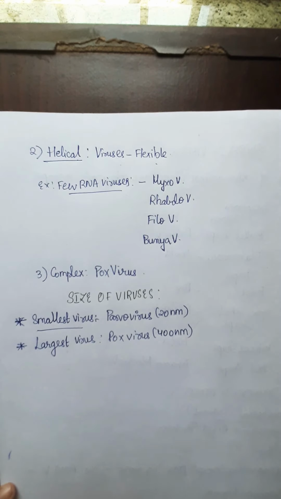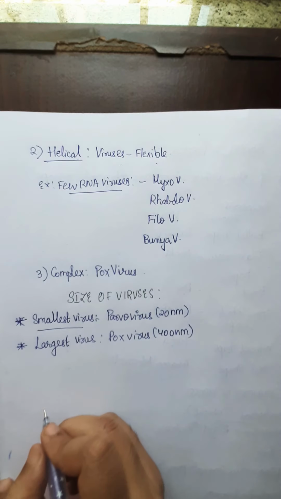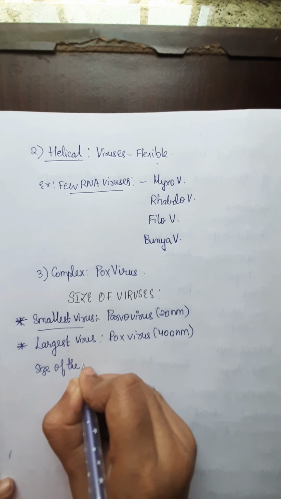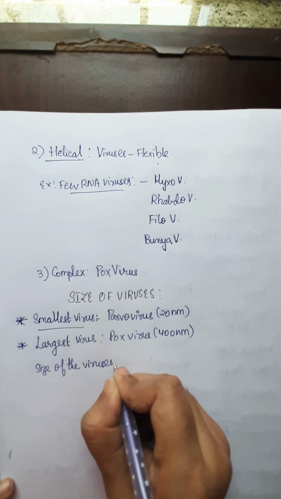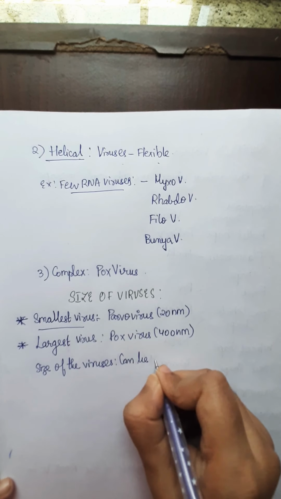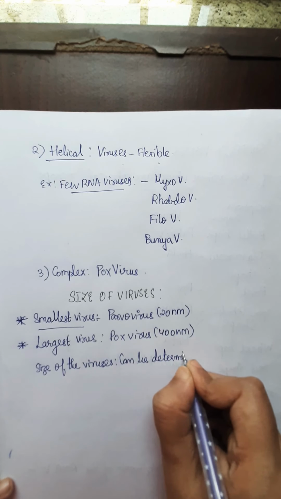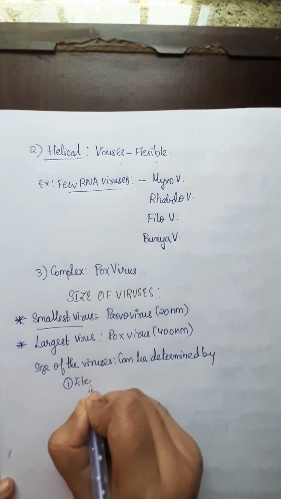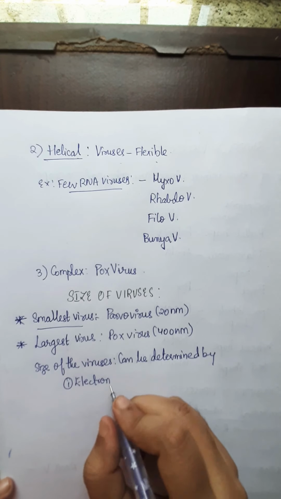Most important points. Size of the viruses can be determined by the electron microscope, which is the best method, by ultracentrifugation, and as they are small in size, they can pass through membrane filters of different pore size. First one, electron microscope. I discussed this point already in the general properties of viruses.